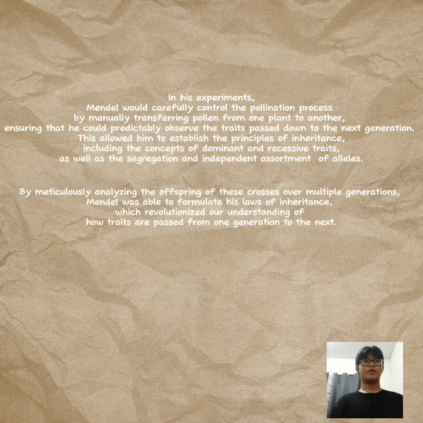This allowed him to establish the principles of inheritance, including the concept of dominant and recessive traits, as well as the segregation and independent assortment of alleles. By meticulously analyzing the offspring of those crosses over multiple generations, Mendel was able to formulate his laws of inheritance, which revolutionized our understanding of how traits are passed from one generation to another.